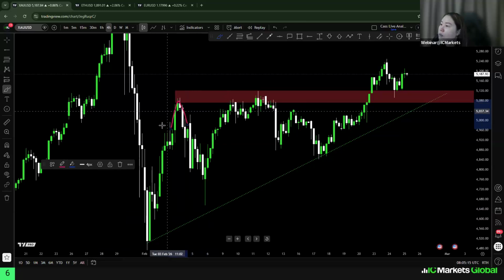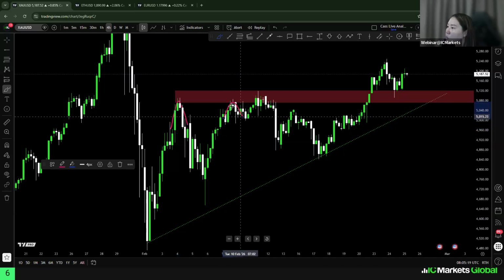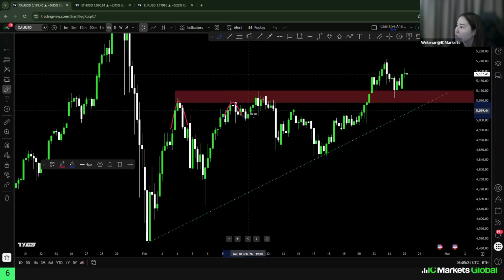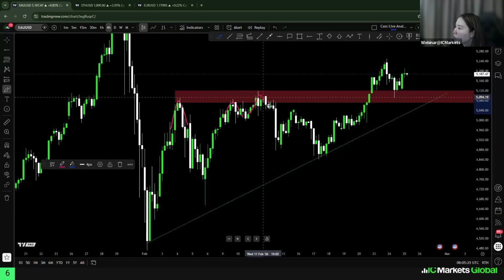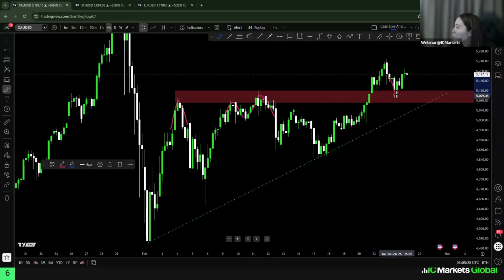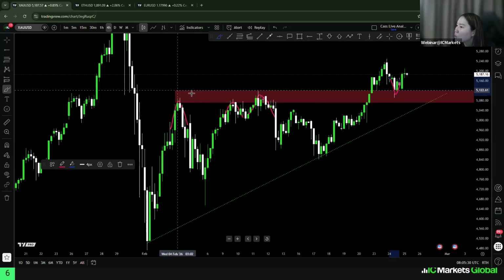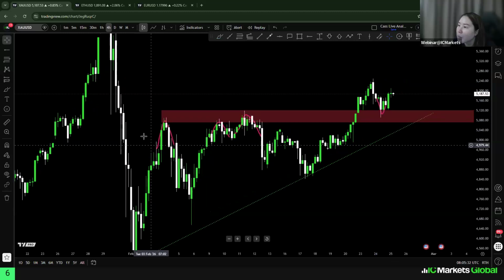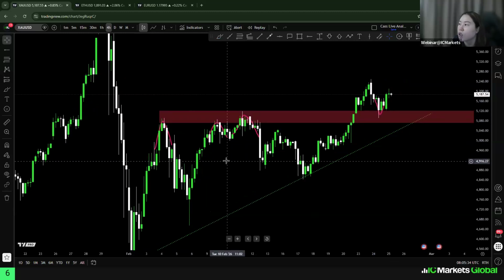There you go. Price came here and it reversed. Came here, did a little reaction, some kind of reversal happening here. And then it came here again the third time and reversed. And now we've got this fourth time here. So this red box is an area that price likes to react off.